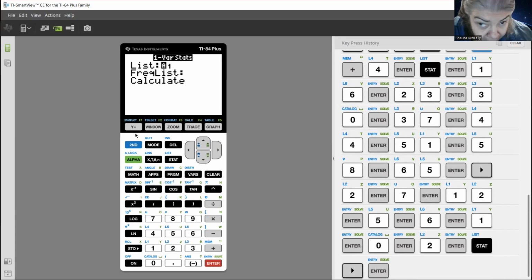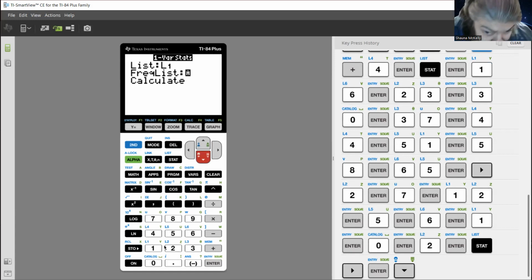This is it. L1 is usually the default, okay? But you can change this if your X's are in a different list. Your X list is in L1. Here, for ungrouped data, we don't have a frequency list. For grouped data, we have a frequency list. This is grouped data. We have a frequency list. Where are they? They're in L2. So I'm going to say L2.